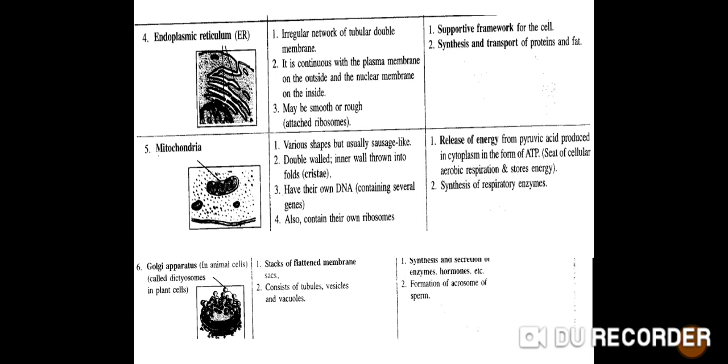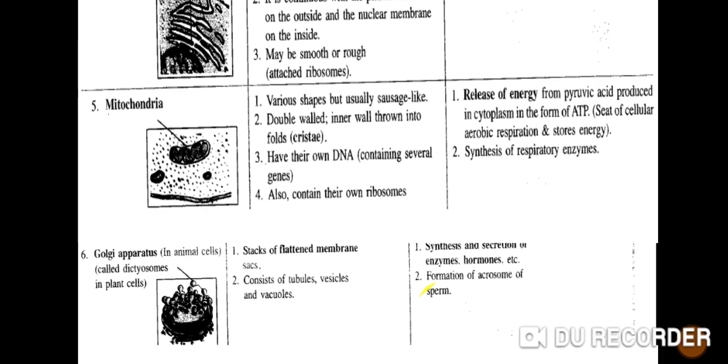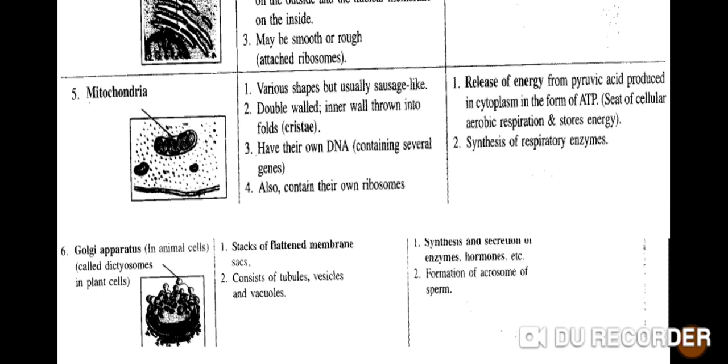The next apparatus is the Golgi apparatus, and this Golgi apparatus is found in animal cells, and it is called dictyosomes in plant cells. So these are nothing but stacks of membranous structures, consisting of tubules, vesicles, and vacuoles.